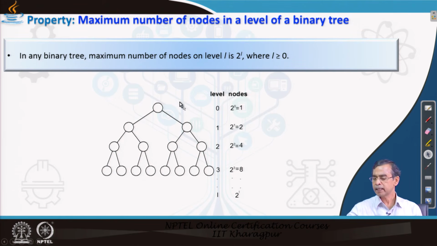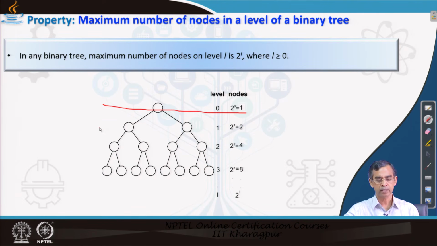This is clearly visible here: this is level 0, 2 to the power 0, that means the number of nodes in that level; level 1, 2 to the power 1, 2 nodes; and so on up to level 3. The total number of nodes can also be counted by summing up the number of nodes in each level.